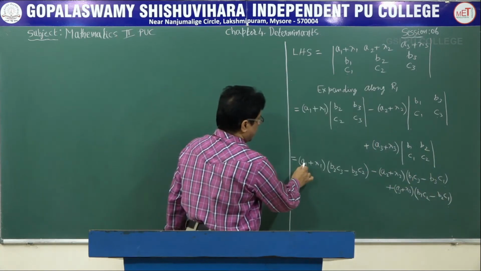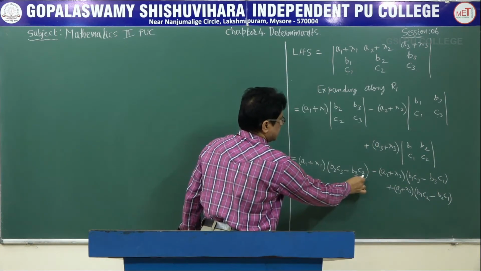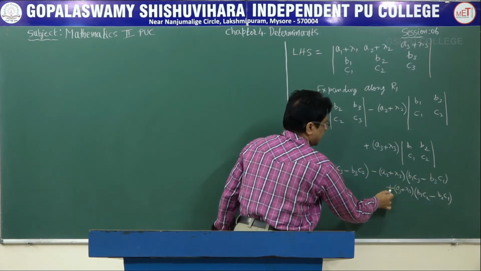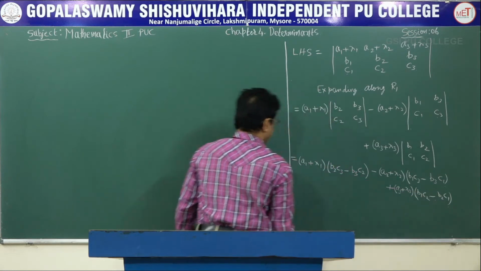Here first we multiply a1 by this factor, minus a2 by this factor, plus a3 by the next factor.